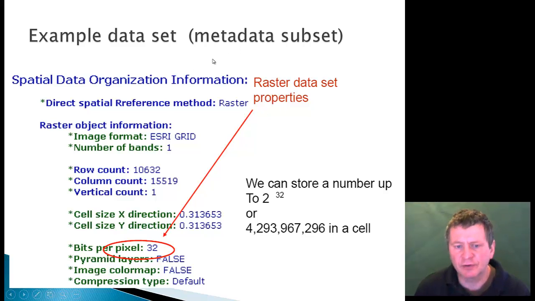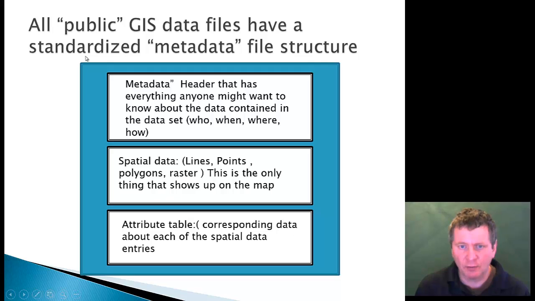So for example, here, this would be telling us that for each pixel, there are 32 bits of information. The metadata is something that's standardized now, and if you're going to be a producer of geographical information that you're going to post, you'll need to include metadata for it.